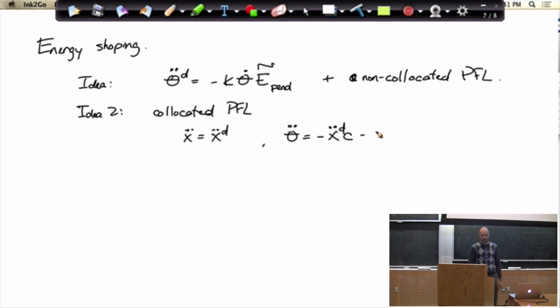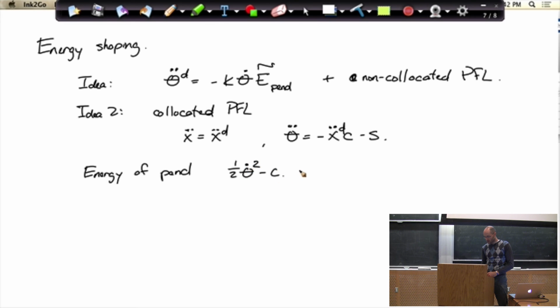They were this. So if I've made the cart dynamics like this, then the pendulum dynamics had to be that from that constraint equation. And so if I write the energy of the pendulum in my nice everything's 1 units, it just becomes theta dot squared minus MGL cosine theta, which is that.